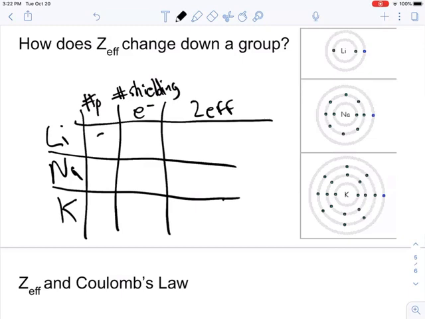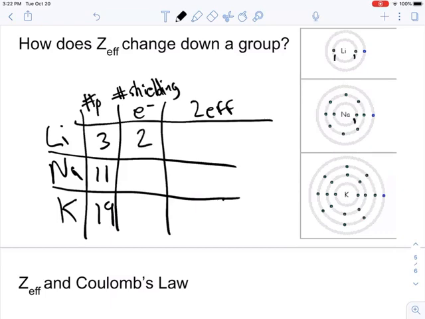Lithium has 3 protons, sodium has 11, and potassium, if you look at the periodic table, has 19. Now, for the shielding electrons, we are again accounting inner electrons in any energy level that isn't the outer energy level. For lithium, we have 2 shielding electrons.